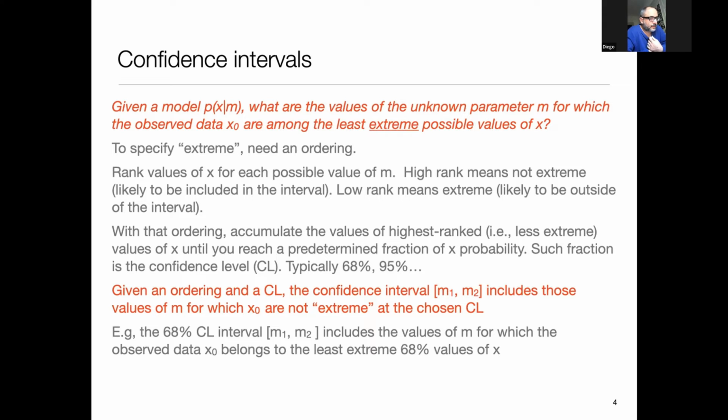Basically we are trying to answer the question: if I'm given a model, what are the values of the unknown parameter mu for which the observed data in my experiment, x0, are among the least extreme possible values of x? To specify what extreme is, one needs an ordering. Once we have a ranking of values according to some criteria, one defines a confidence interval. I will show you in a second how one does that.